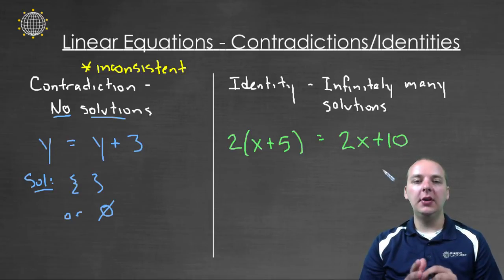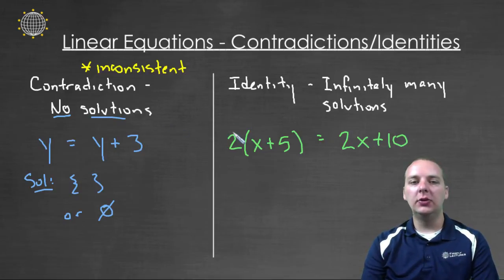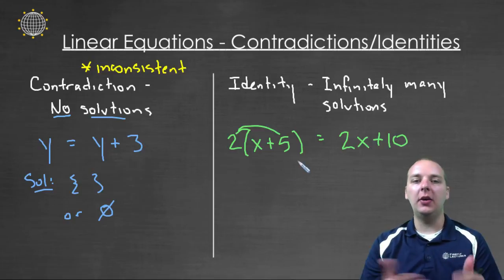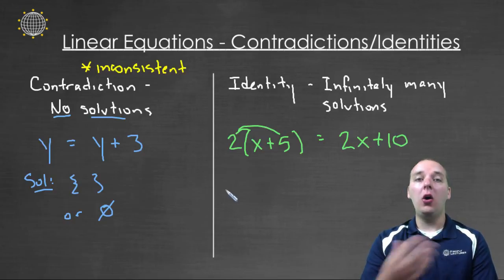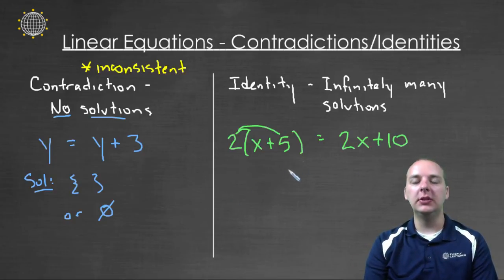Well, the left side is the same as the right side. You distributed the 2, but they're the same. So for any value of x, 2 times the quantity x plus 5 will be the same as 2x plus 10. And that's true for any value of x you would happen to choose. So there's not one answer. All x's would be solutions to this equation.